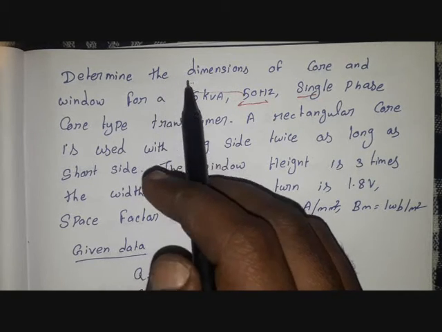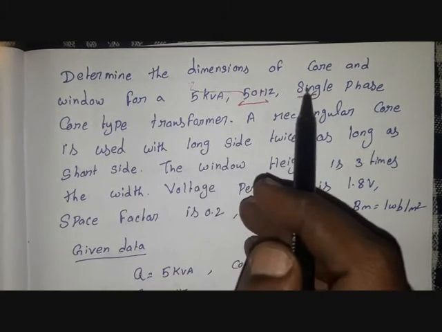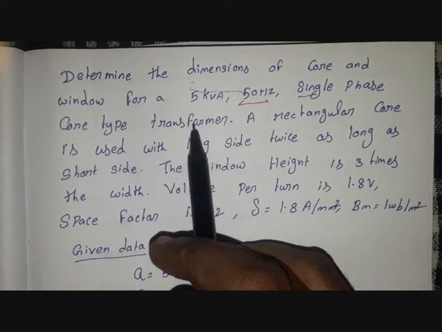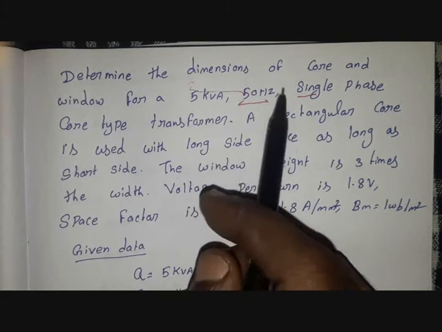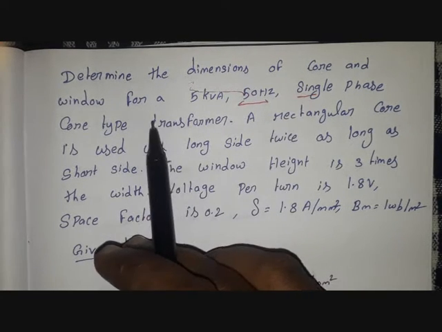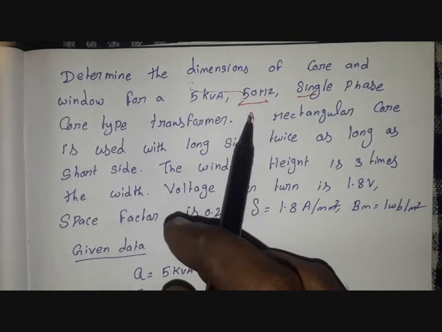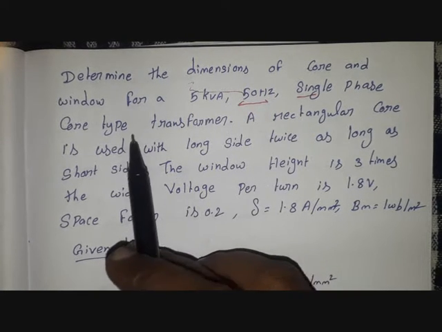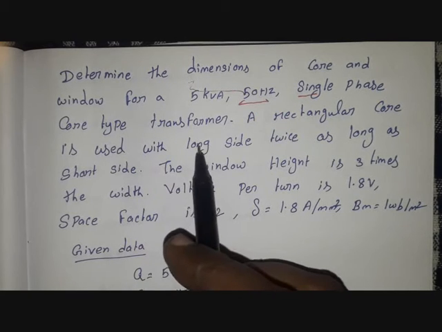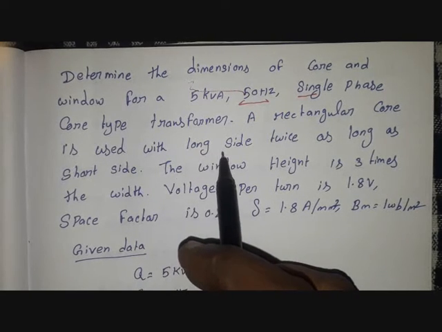The problem is the same. A single phase core type transformer. Here we have a single phase core type transformer, that's why you remember the single phase formula. A rectangular core is used with long side.